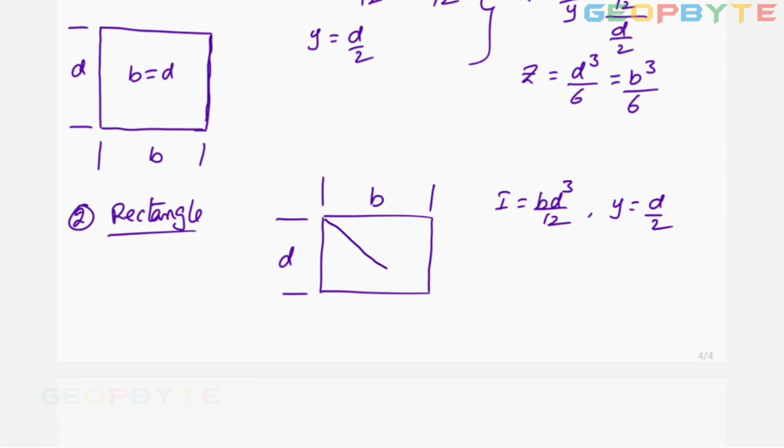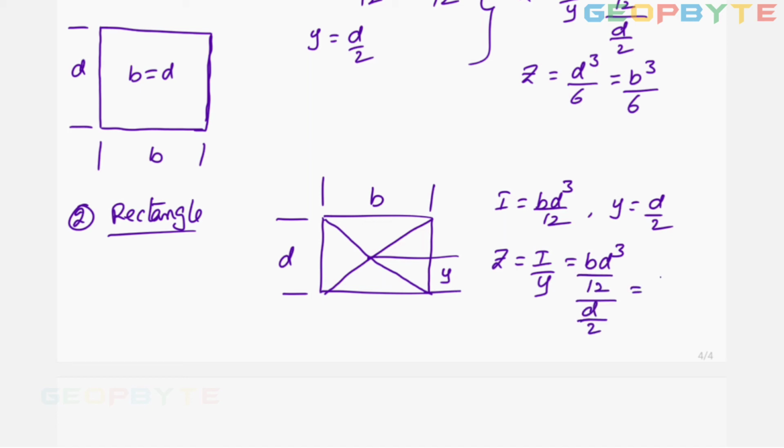Why is it like this? Join the diagonals. This is the y bar or y, so y equal to d by 2. Then Z equal to I by y equal to bd cube by 12 divided by d by 2. It is equal to bd square by 6. So section modulus for rectangle equal to bd square by 6.